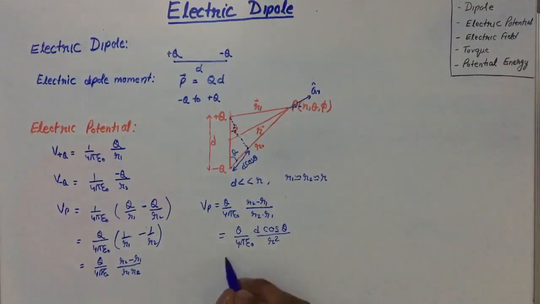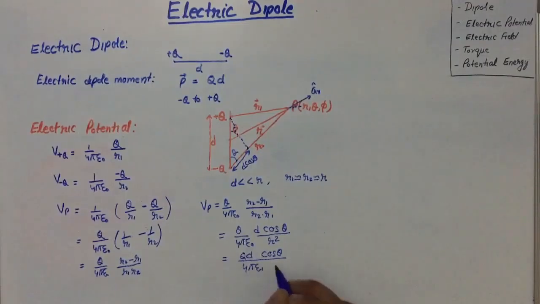And if we further simplify this, then we will find q d cos theta divided by the previous term. Okay, this is V due to dipole moment.